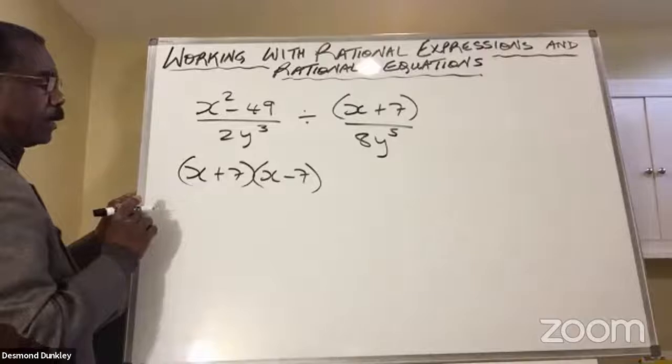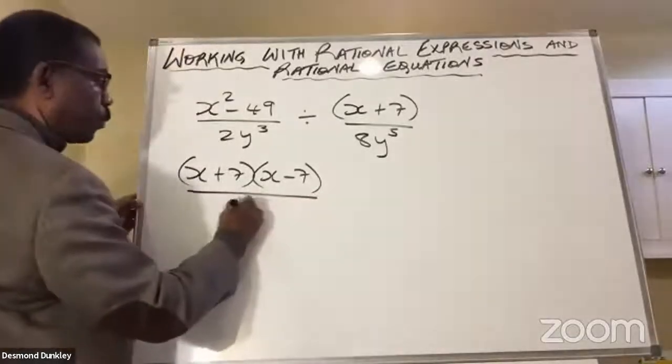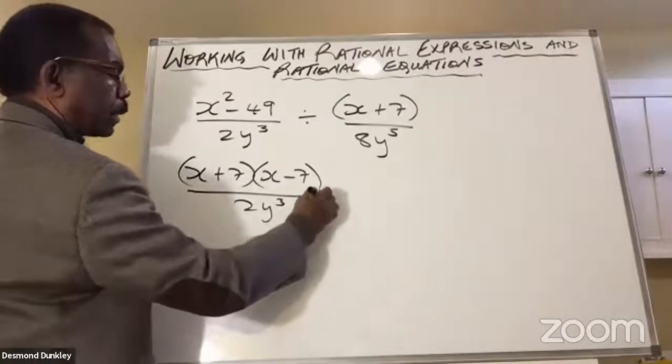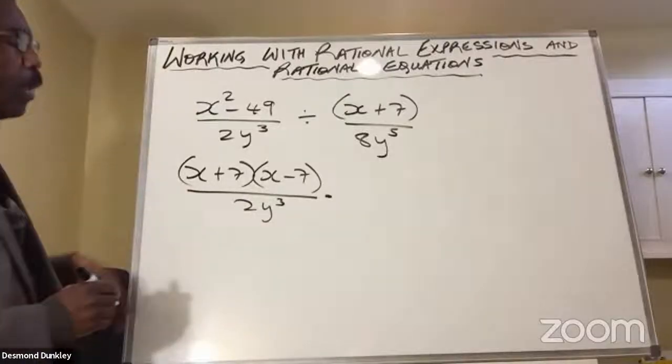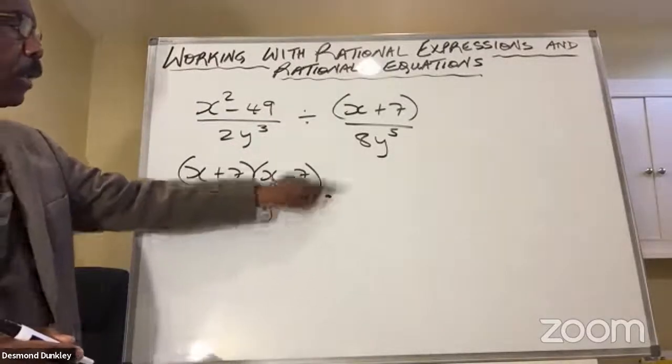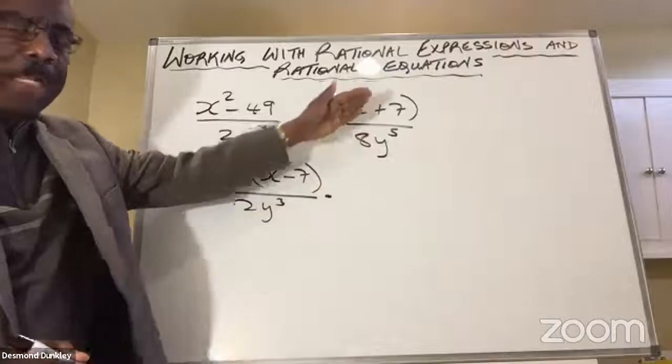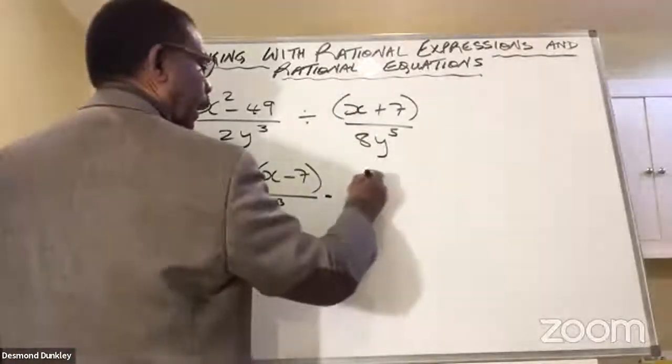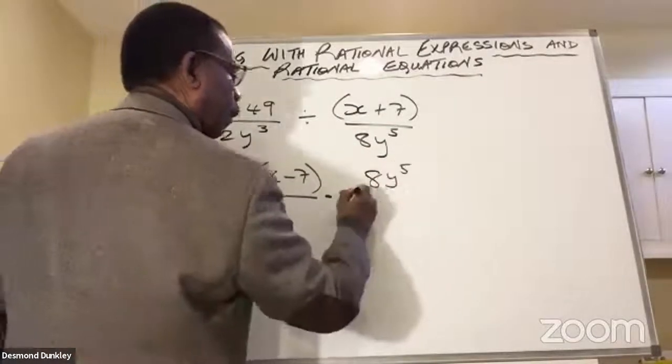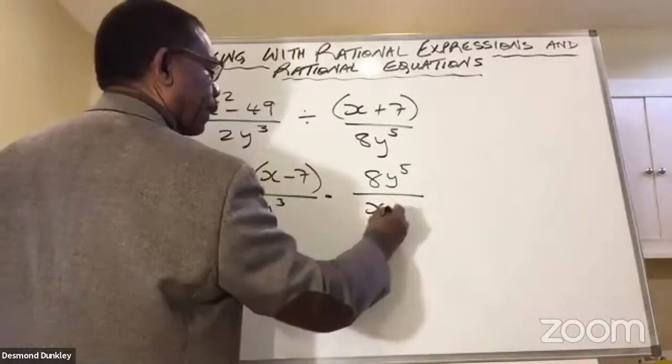That's what this is equivalent to. So it's that over 2y cubed times, and now we're going to change the division to multiplication, and we're going to flip the divisor. So this now becomes 8y to the 5th over x plus 7.